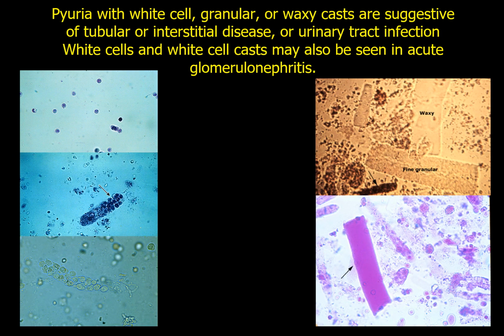Pyuria with white cell, granular, or waxy casts are suggestive of tubular or interstitial disease, or UTI. White cell casts or white cells may also be seen in acute glomerulonephritis. Shown here are photos of WBC casts, waxy, and fine granular casts.